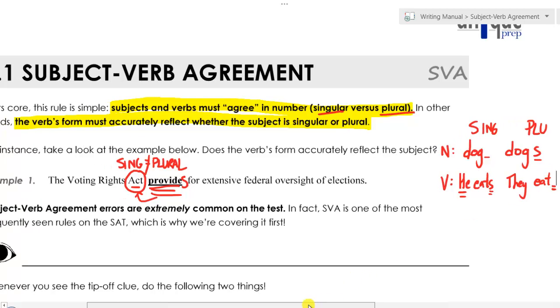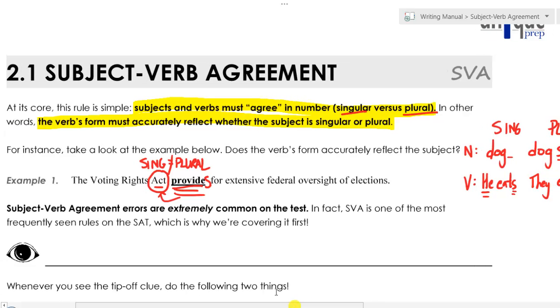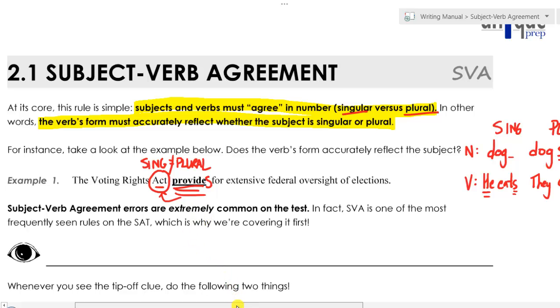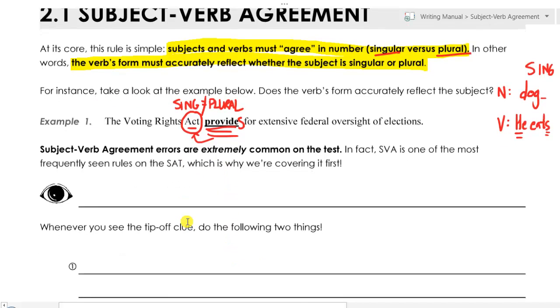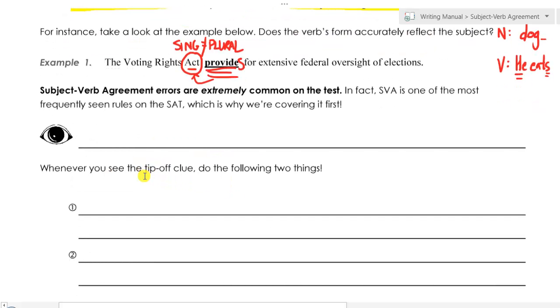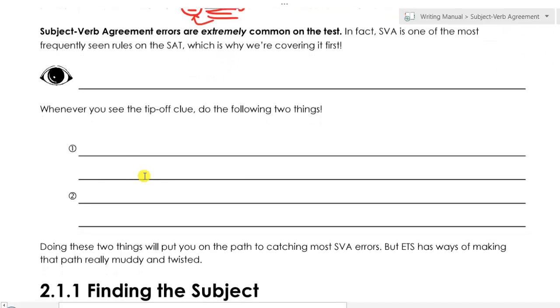So back to example 1, we had to add an S to make our verb match the singular subject. That can be a little bit tricky for students, but hopefully with practice you can get over any hesitation you have on that issue. So again, subject-verb agreement errors are by far one of the most common errors on the SAT.